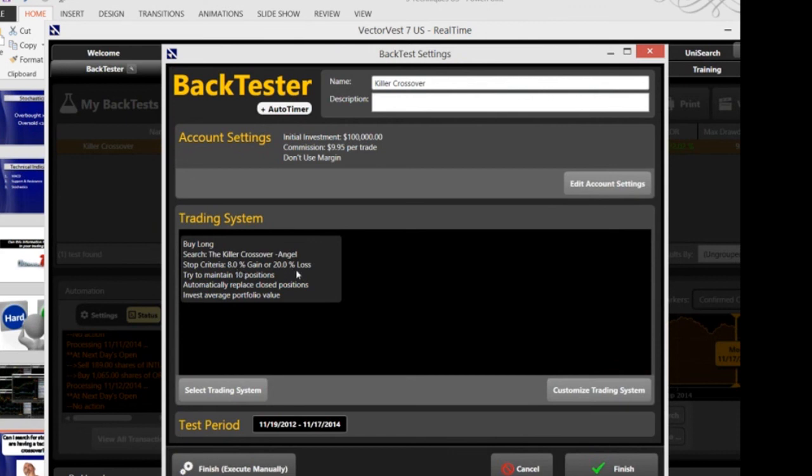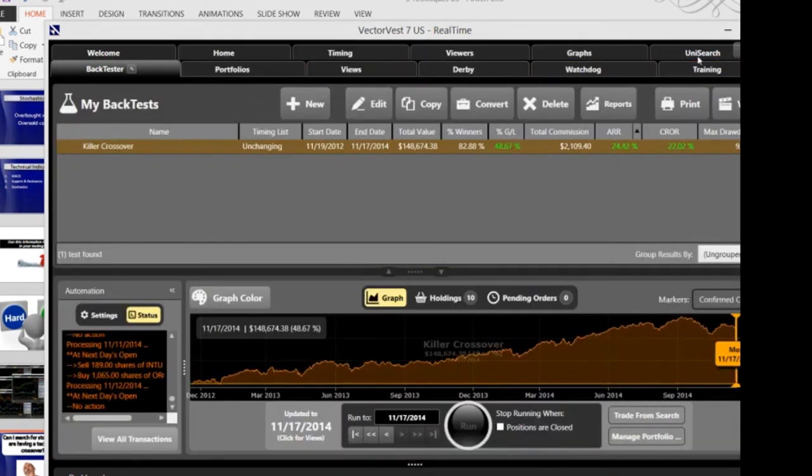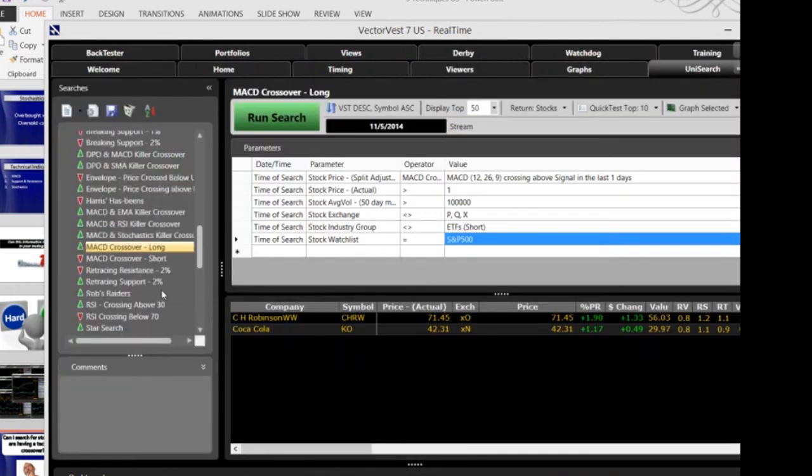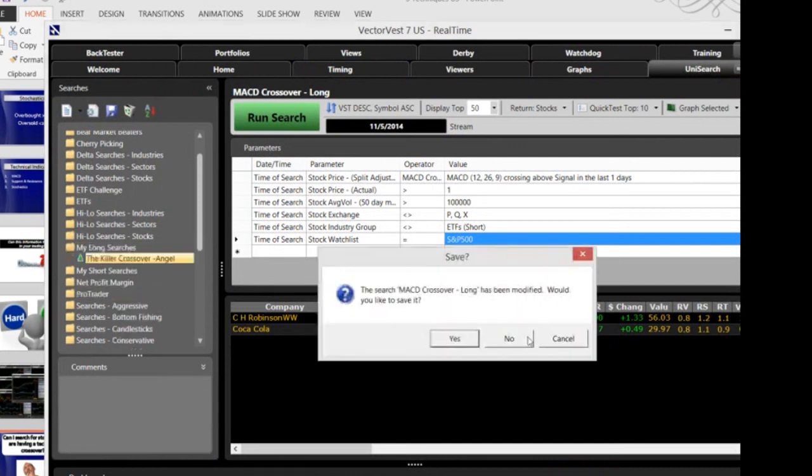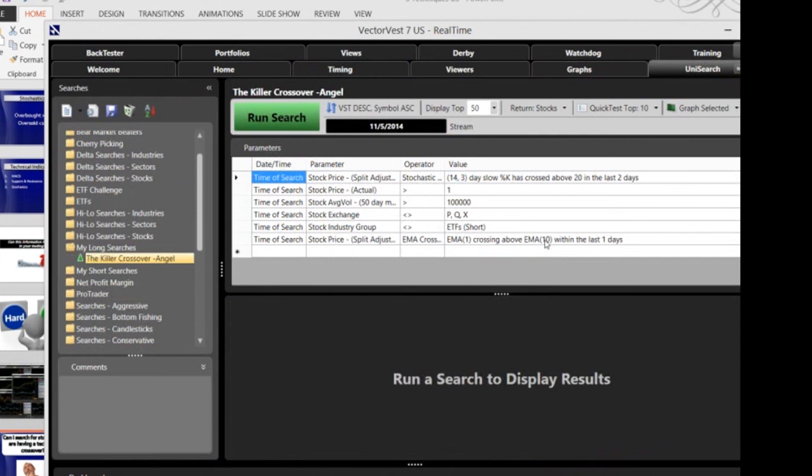Now that sounds a little bit crazy, but because I'm using, and I'll switch back to Unisearch, a search that focuses on the stochastic, that oversold crossover, plus a 1 and 10 day exponential moving average crossover, and I'm sorting those results by the best stocks at the top, then these stocks are basically far more likely to go up 8% before they go down 20%.